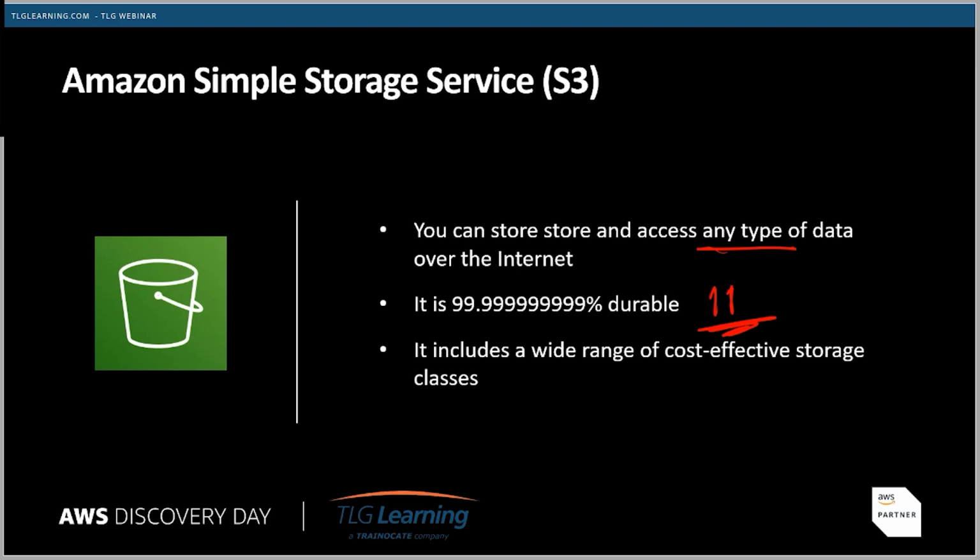And a wide range of cost-effective storage classes depending on the access pattern. How frequently are those objects going to be accessed? You have different options for how it's stored and what that ends up costing you.